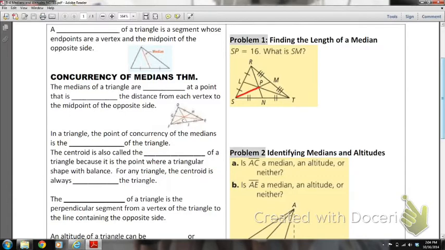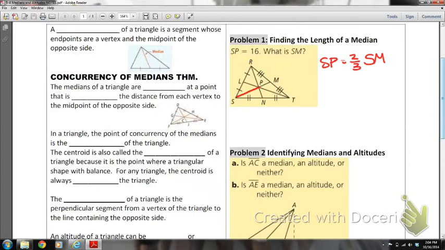We can tell that from the diagram. So the points of concurrency of the medians theorem tells us that SP, the length of the segment from the vertex to that point of concurrency P, is 2/3 of the entire median, which is SM, and that's what we want to know, the length of SM.